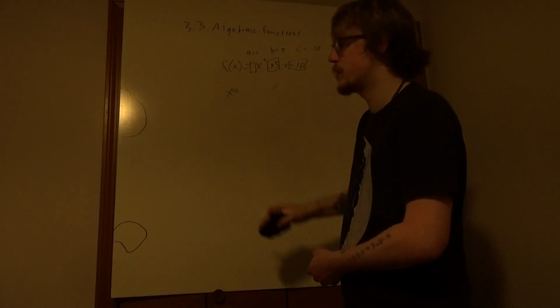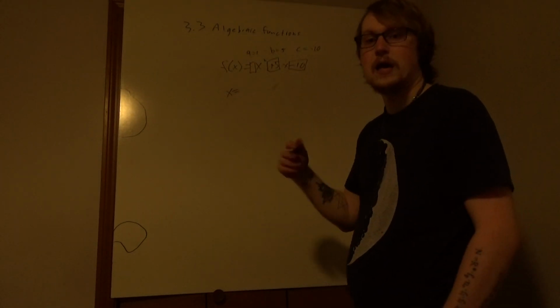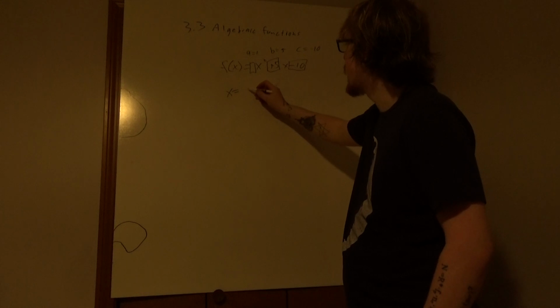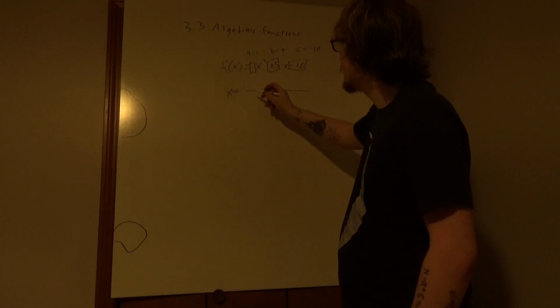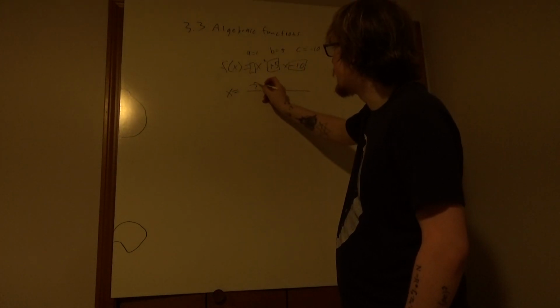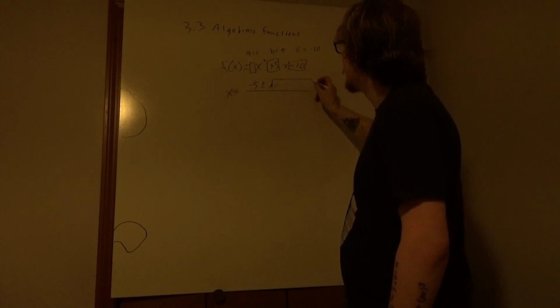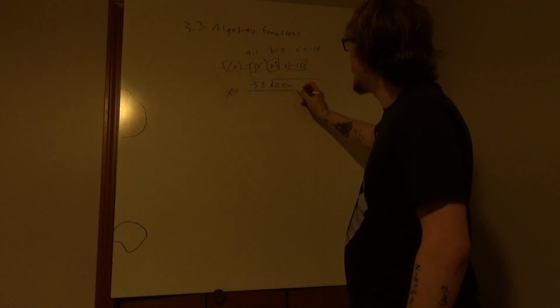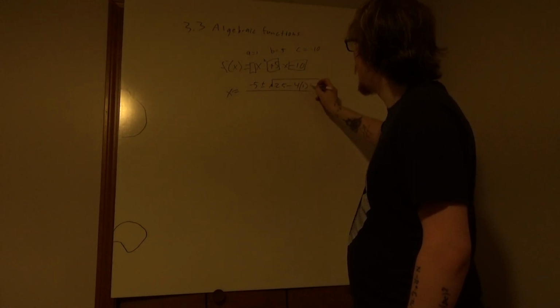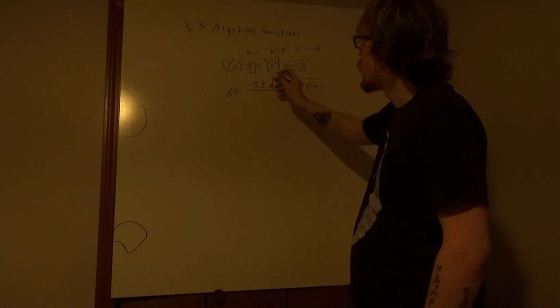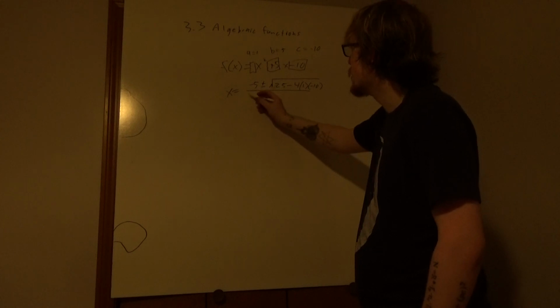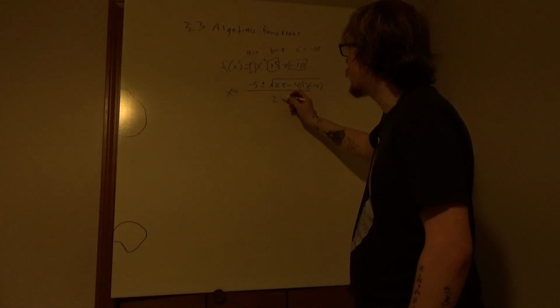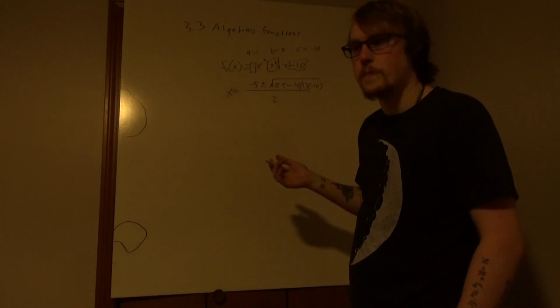So if we plug into the quadratic formula A, B, and C as they're found in this quadratic, we would get negative B, so negative 5, plus or minus the square root of B squared, which is 25, minus 4 times 1 times negative 10, because 1 is A and negative 10 is C, all over 2 times A, which is 1, so it's just 2.